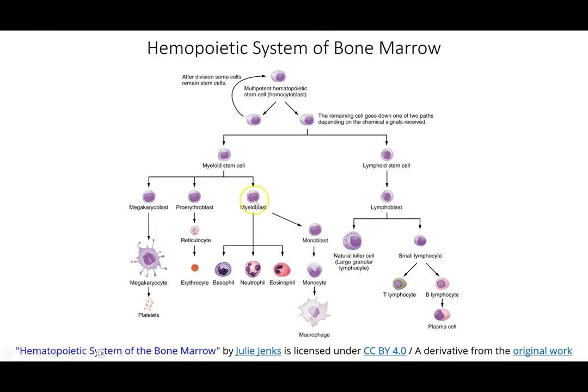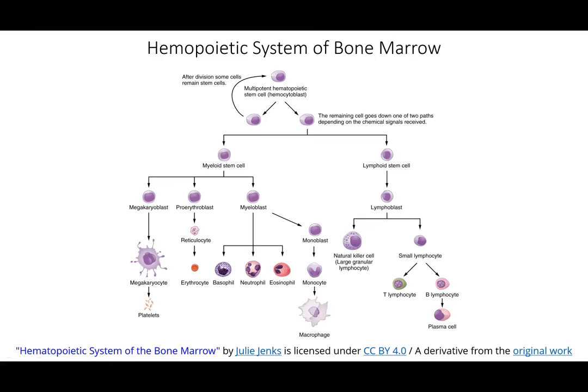And then myeloblasts can further differentiate down this way or to monoblasts. So myeloblasts can differentiate directly into basophils, neutrophils, and eosinophils, or they can become a monoblast, which will become a monocyte. And then again, once that monocyte leaves the blood vessels and enters the tissues, it becomes a macrophage.